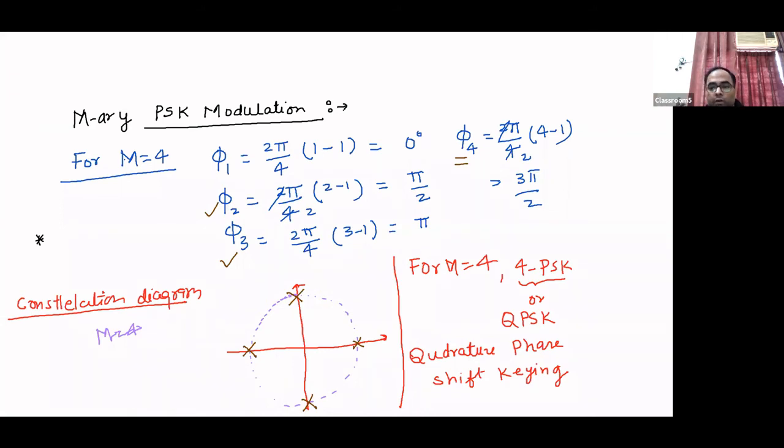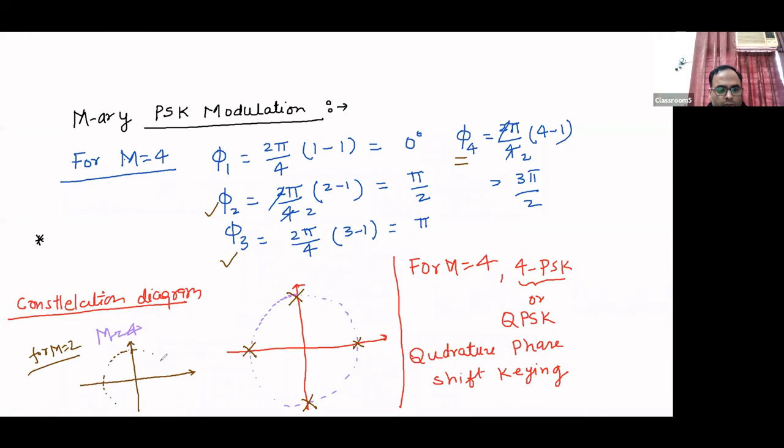And if we draw the constellation diagram for binary PSK, you know that there were two angles, phi 1 and phi 2. The value of phi 1 was 0 degree and the value of phi 2 was pi. So for M is equal to 2, that is for binary phase shift keying, again you can draw, I'm drawing this a little bit smaller, so kindly look at it.